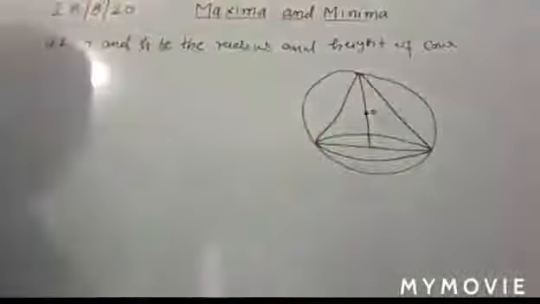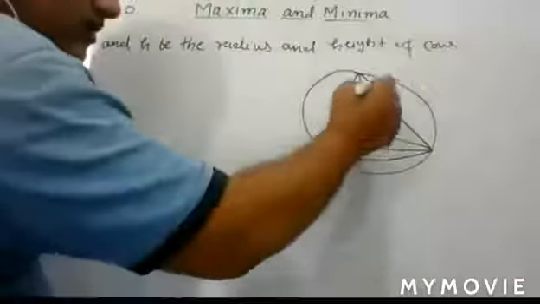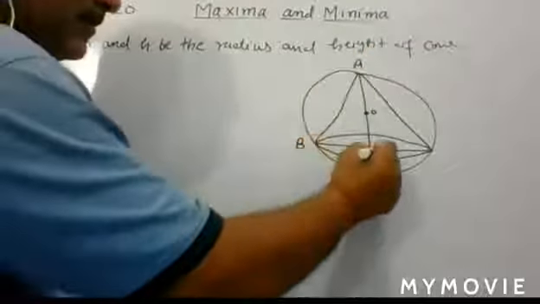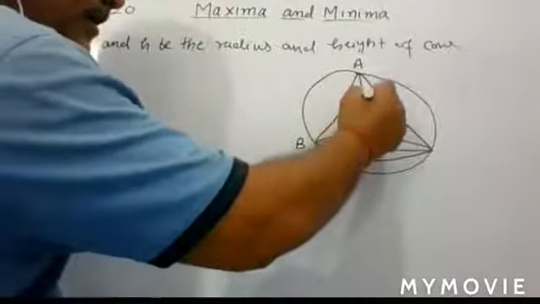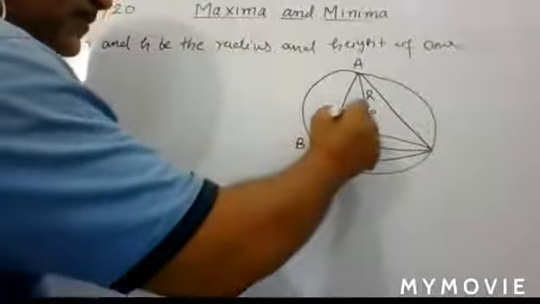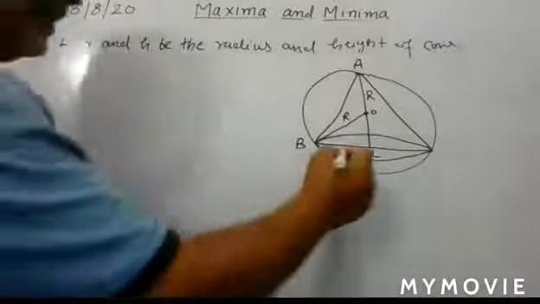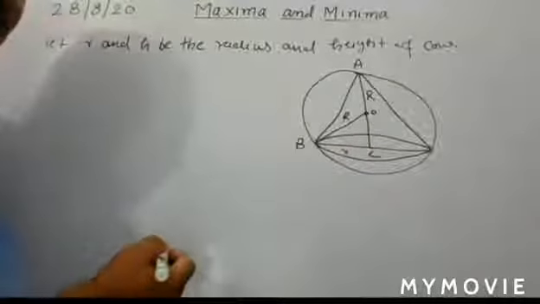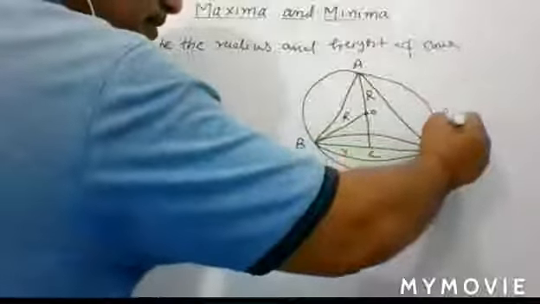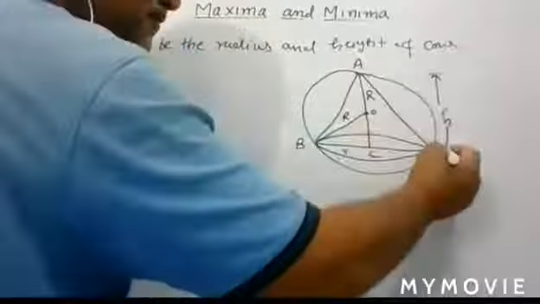That will be the center of this sphere. If you are naming them, suppose here you have A, B, and this part is C. So OA distance is capital R, and in the same way OB distance is also capital R. Assume small r is the radius of the inscribed cone, and small h is the height of the inscribed cone.